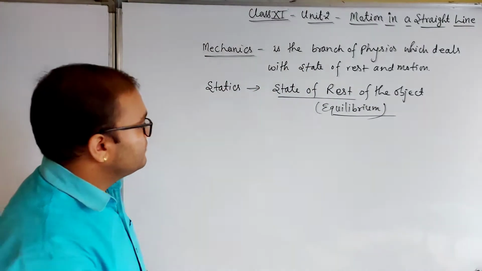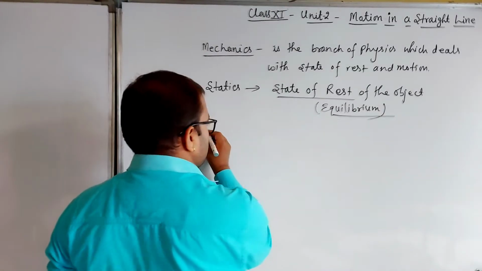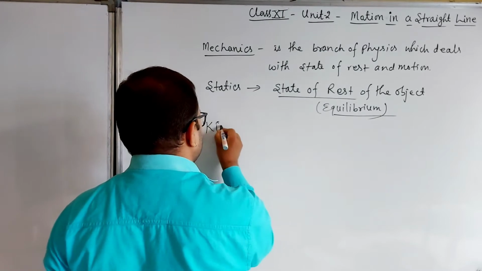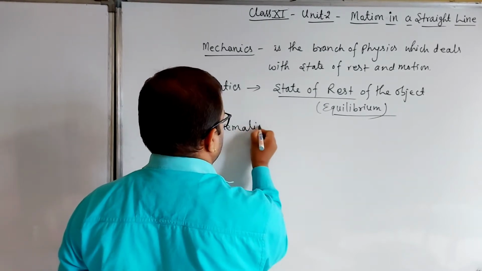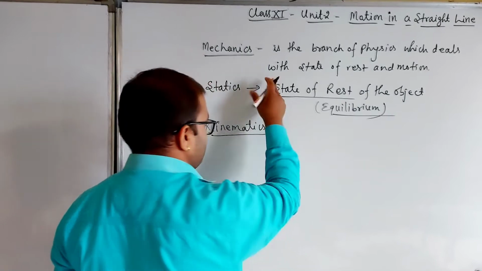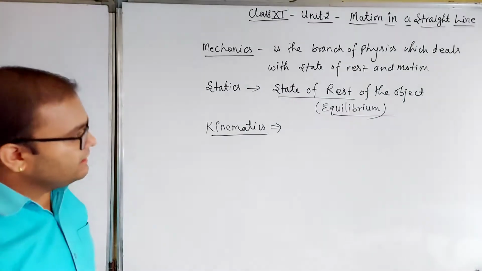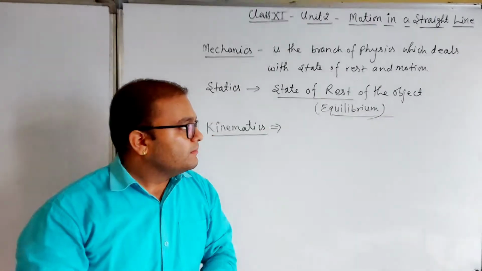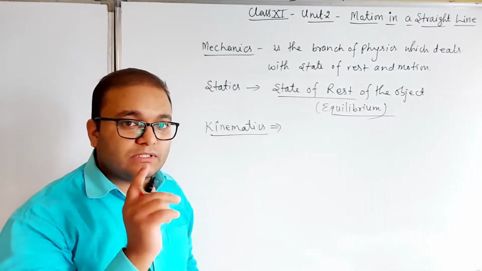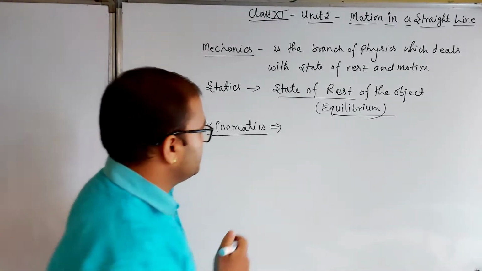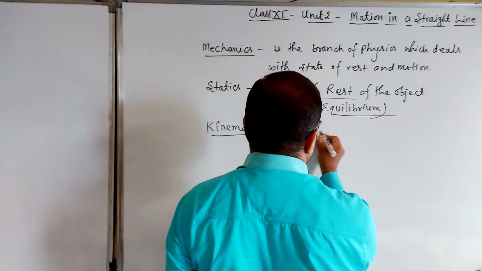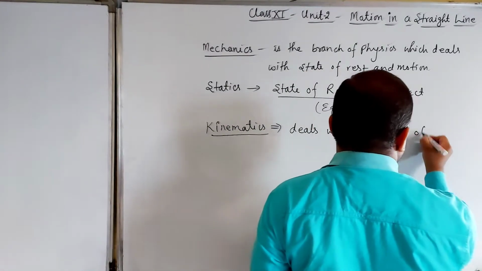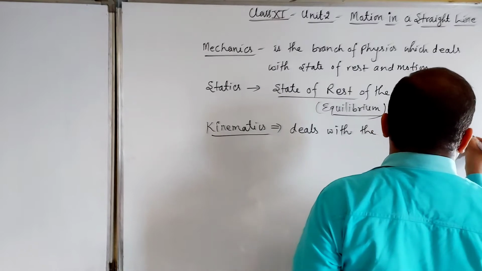Now kinematics and dynamics. I am writing first kinematics. What is kinematics? It is also a branch of mechanics in which we study the motion of the object but without the cause of motion.